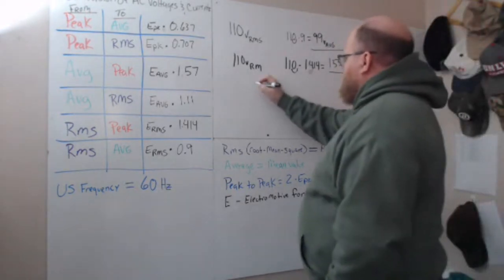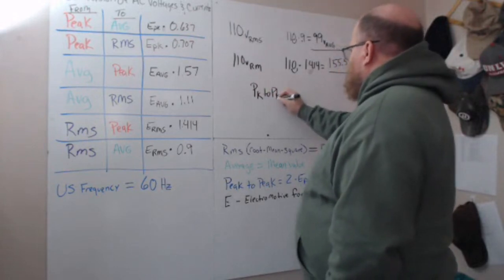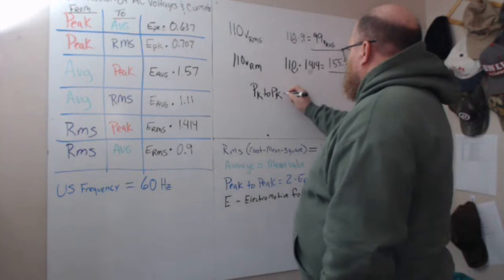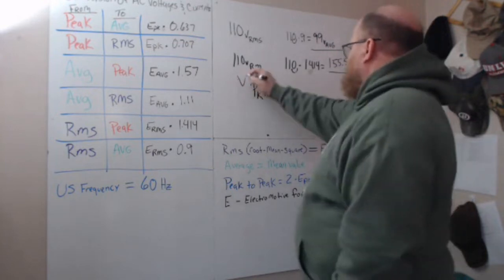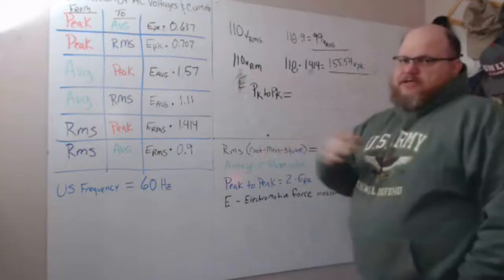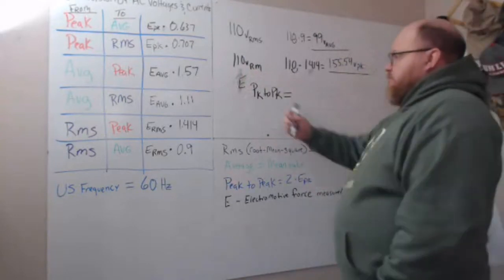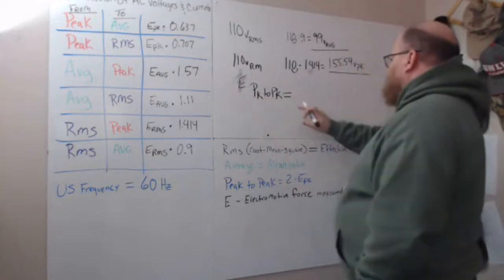So here's your peak voltage in this case and your average voltage. Now, if I want peak to peak, we'll stick with E in this case. I flip back and forth because I understand it, but for the sake of learning it, we'll just stick with E for now.